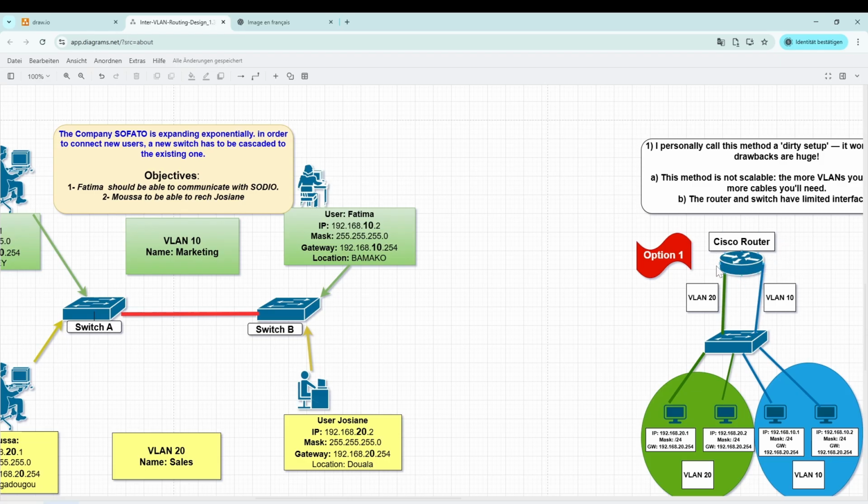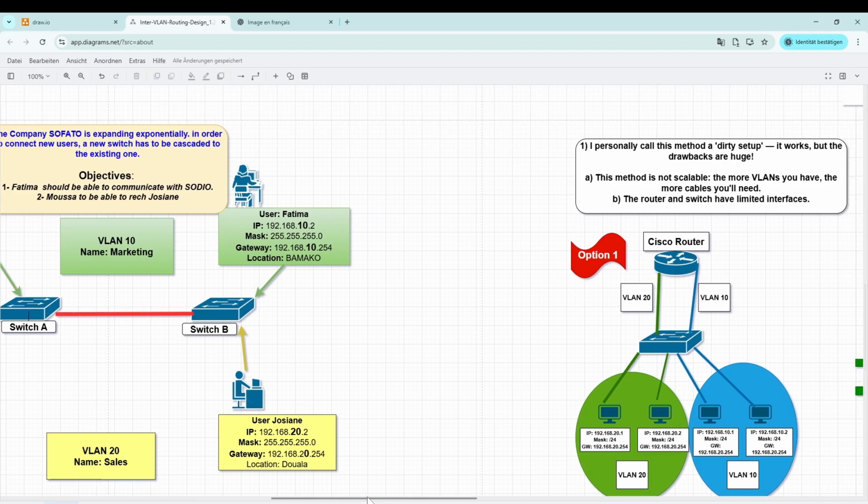Configuring this solution presents some restrictions. This design cannot evolve well because the number of subnets makes it mandatory to match the number of VLANs with the number of cables between the router and the switch.